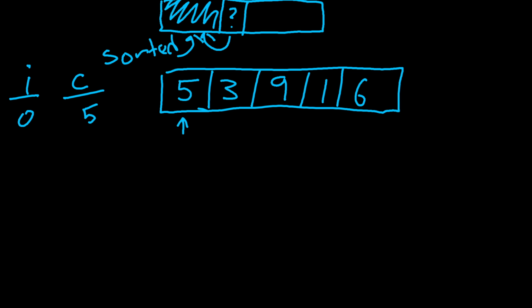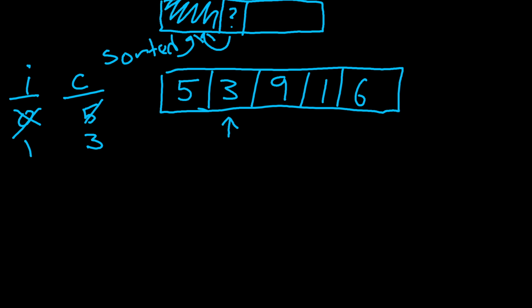We can't shift it over to the left at all. So now we're going to assume this part of the array is sorted with this single value in it. Now we'll move our index over here. So at 1, current value, put 3 here. Maybe I'll cross that out too. There we go.